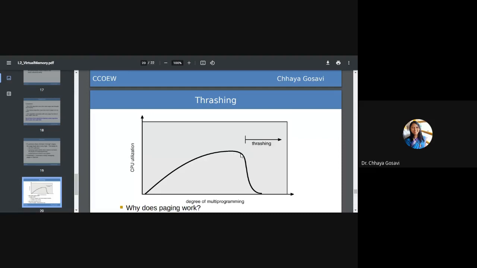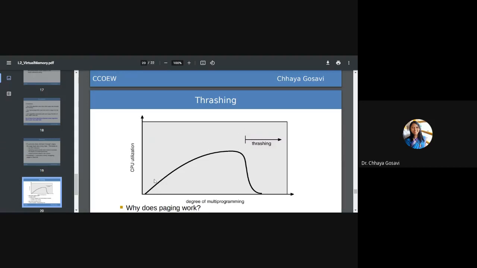But at some point, when the operating system adds one process to increase the degree of multi-programming, CPU utilization suddenly reduces. And this part, when adding more processes to a system leads to low CPU utilization, is called thrashing.